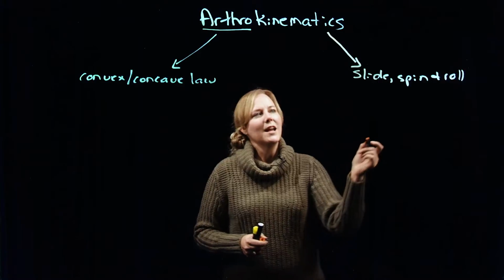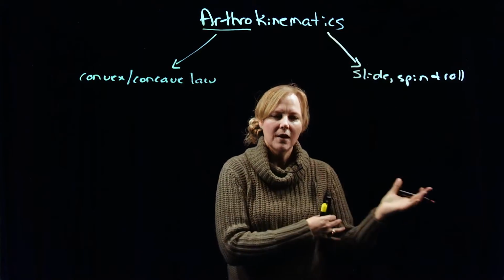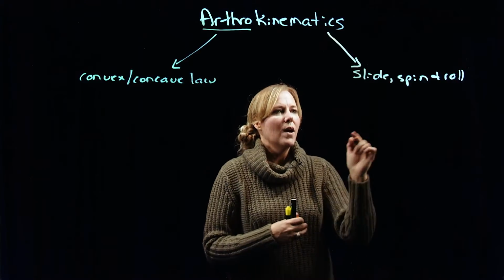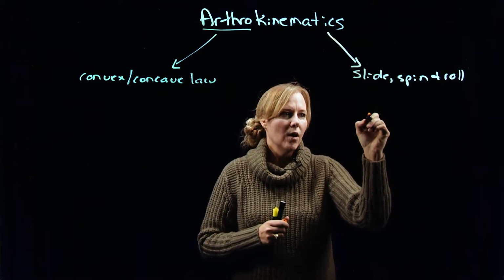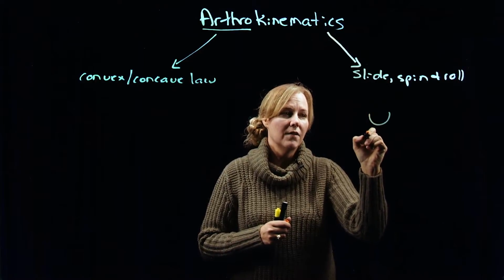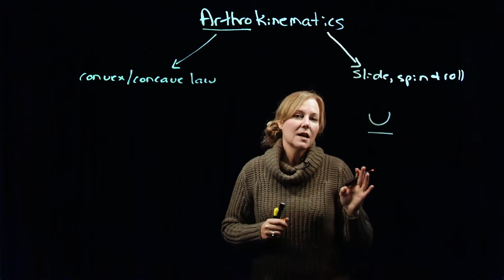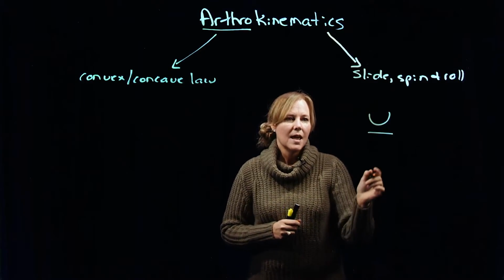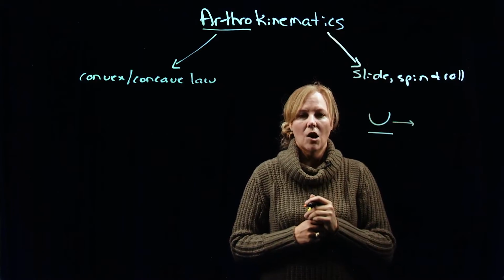Okay, so when you have different types of forces, when you have two different joints, you have two different articulations happening. You have the articulation of one joint surface with the articulation of another joint surface. And there are three different types of movements that can happen. A joint surface can slide along.